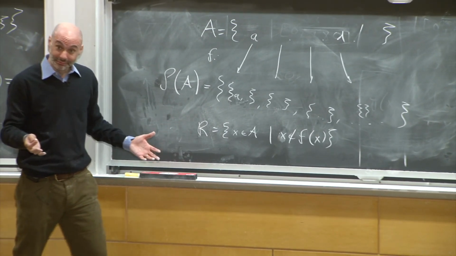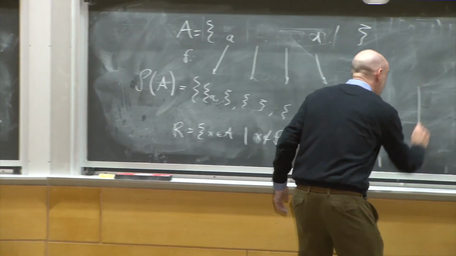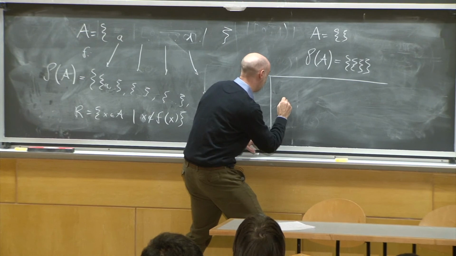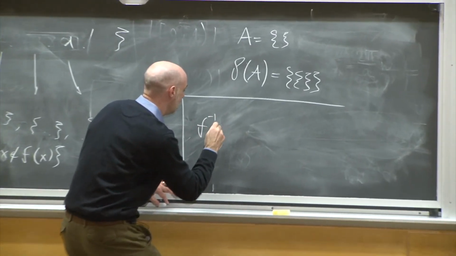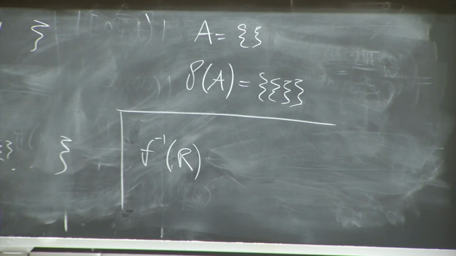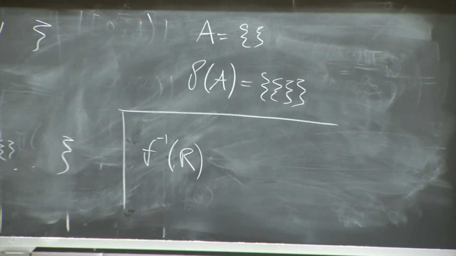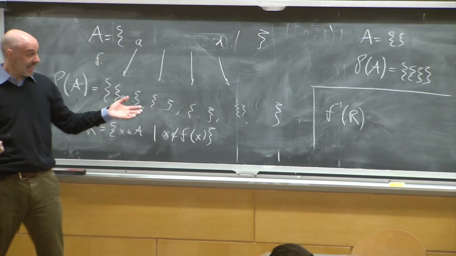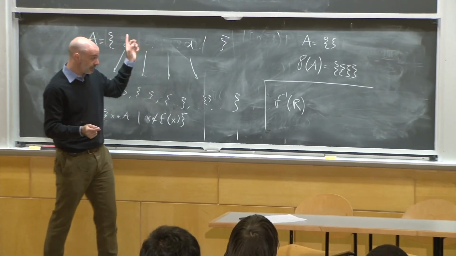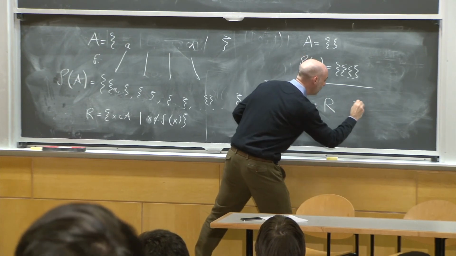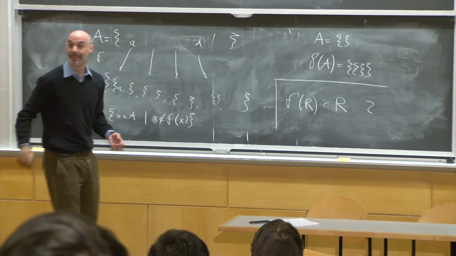And now, just ask yourself this question. Apply the inverse of f to R, and by assumption that has to be well defined, because everyone down here was mapped to someone. And ask yourself, is that guy who's a member of A a member of R?